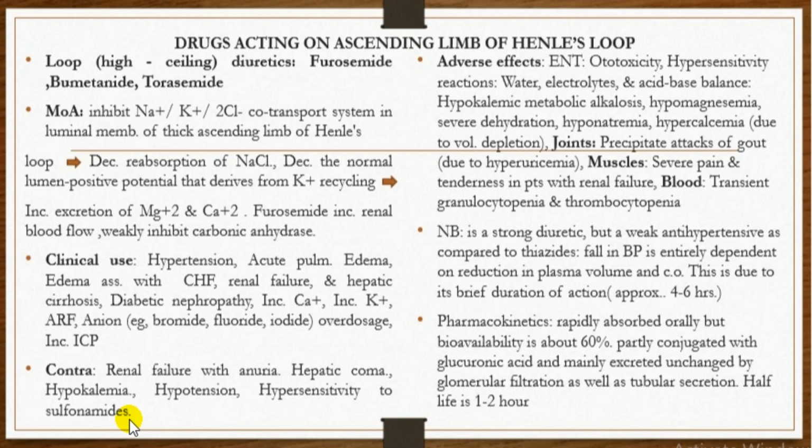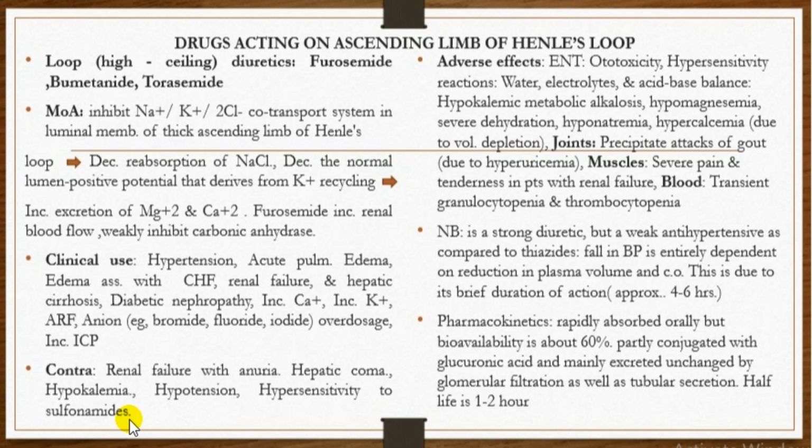The degree of hypokalemia appears to be related to the duration of action of the diuretic, so the longer you use these diuretics, the more severe the hypokalemia, or the longer-acting drugs cause more loss of potassium in the body. Patients who have hypokalemia whilst taking loop diuretics may complain of weakness, fatigue, and muscle cramps, and some cardiac arrhythmias may be seen. These are usually the most severe complications.